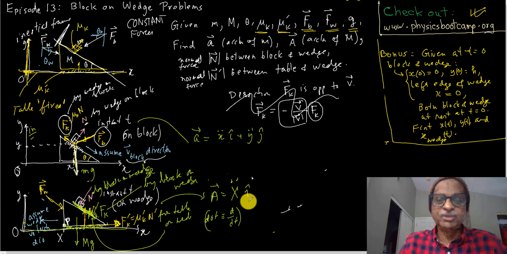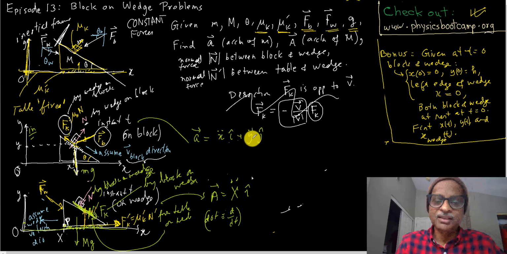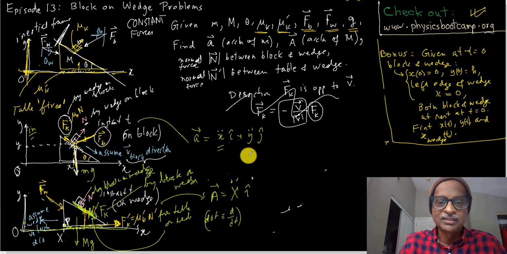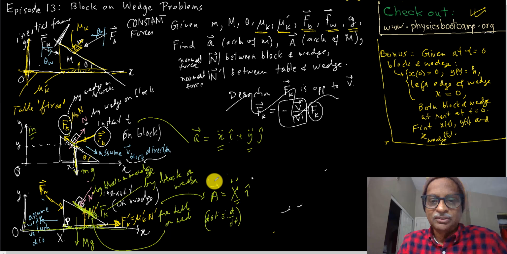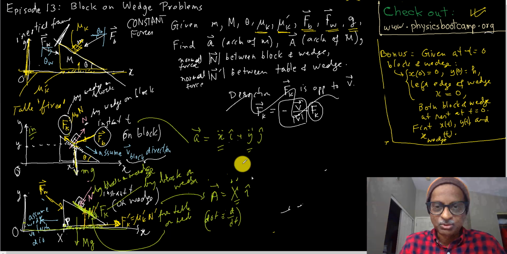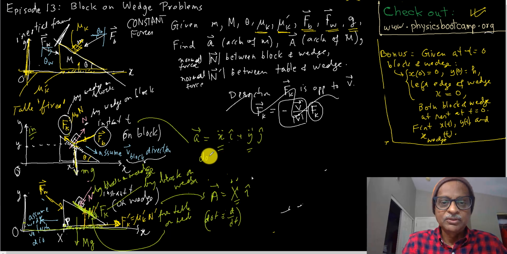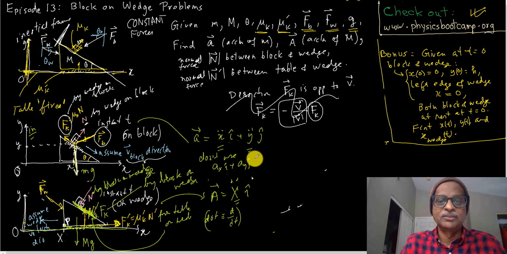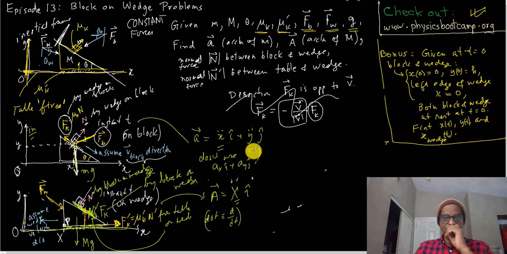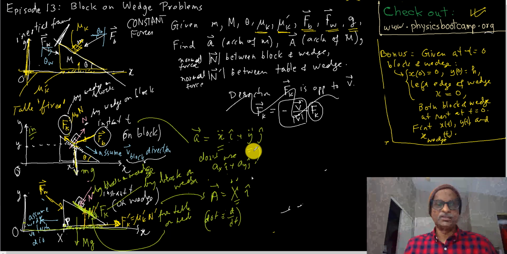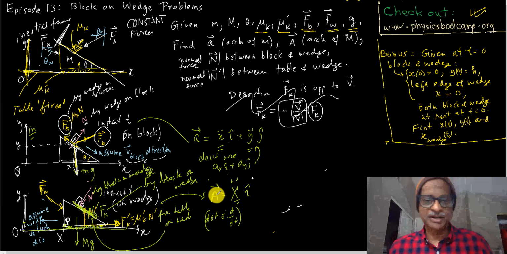This is a better way of writing than a sub x, a sub y, because you will see this x, this y, and this X are related. That's why it's best to use x double dot, y double dot, and don't use a sub x i hat plus a sub y j hat. You'll see in a minute why that is more important.